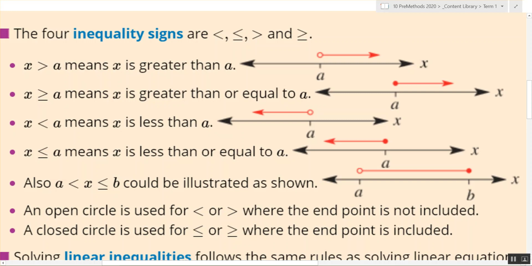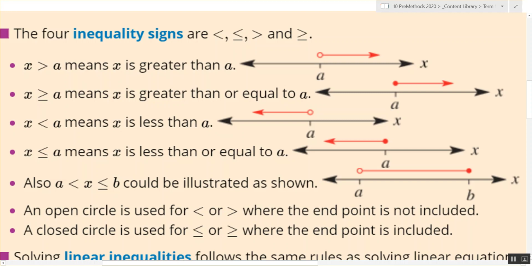That's the first thing. If it's just greater than, what's the open circle mean? Before you had a closed circle where x equals 3. What could the open circle mean? Because it's greater than, but it doesn't have that line underneath, it's not equal to 3.